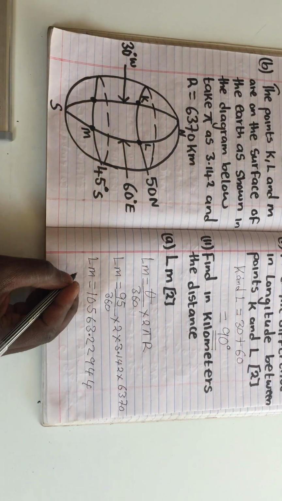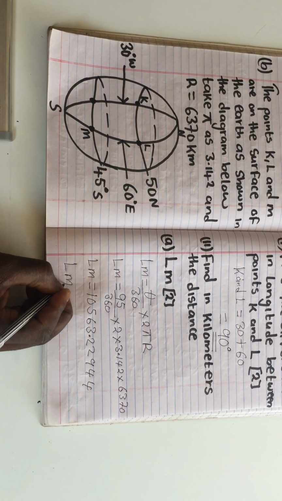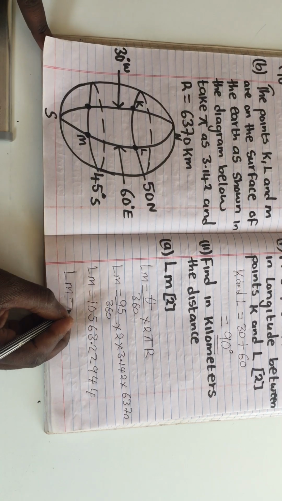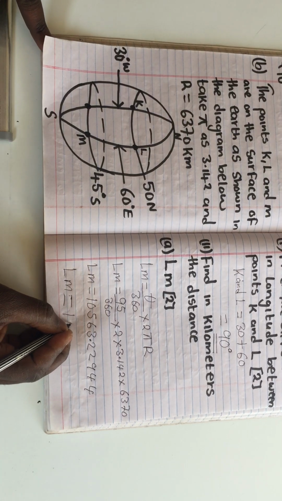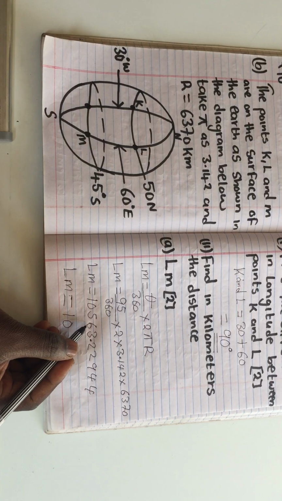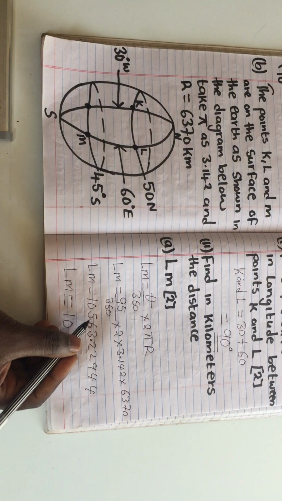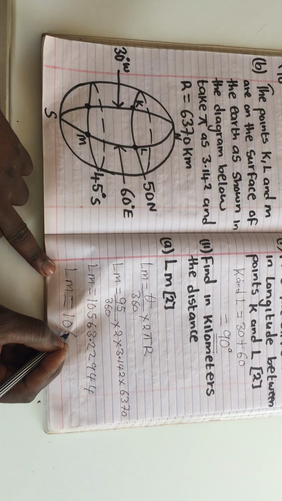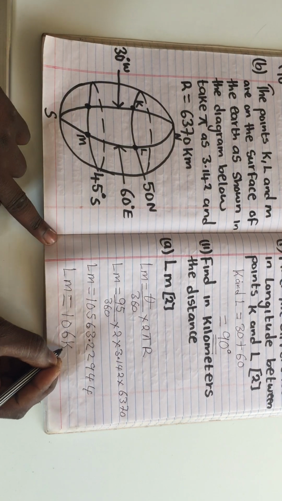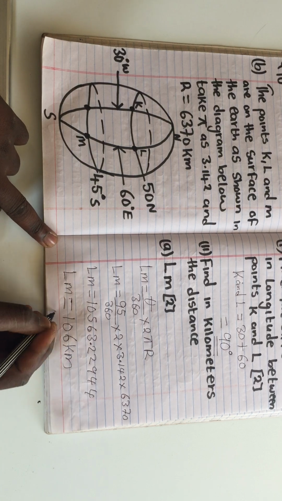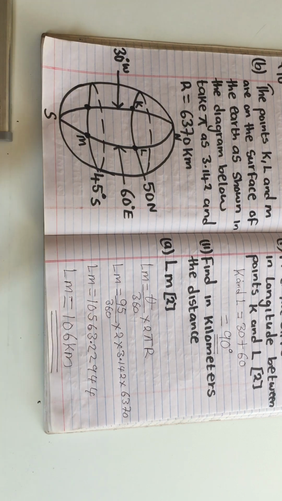So here LM is equal to 10,563 becomes 10,600, that is 106 with the zeros, kilometers.